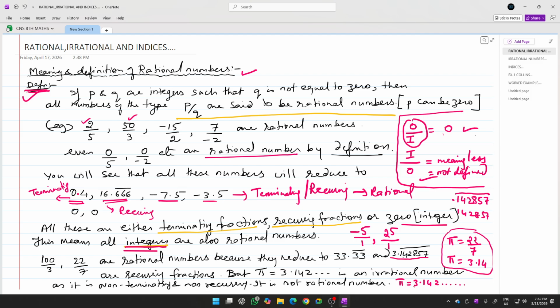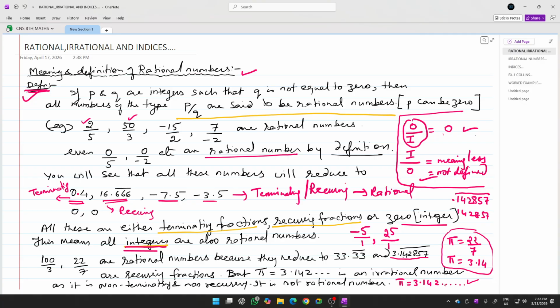When you are treating pi as 3.142 dot dot dot dot dot, this dot dot dot means that after the decimal everything is not coming to an end, meaning the division is never going to end. You will never get the remainder as 0, so it is non-terminating. Moreover, you will never get a recurring part after the decimal, so it is not even recurring.